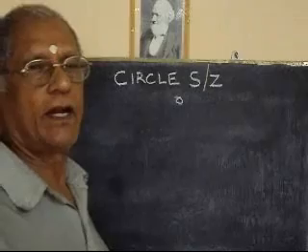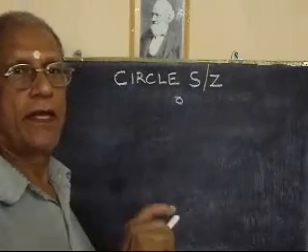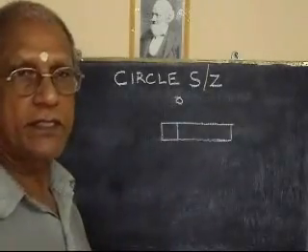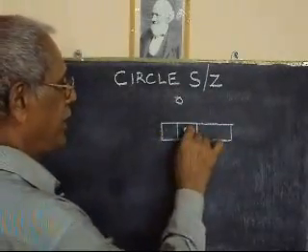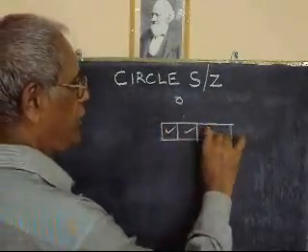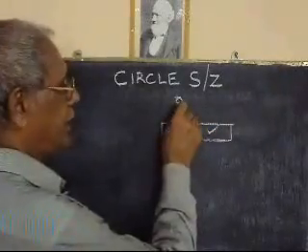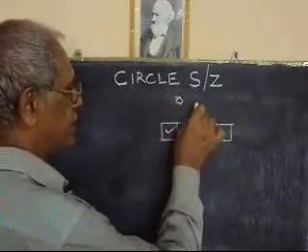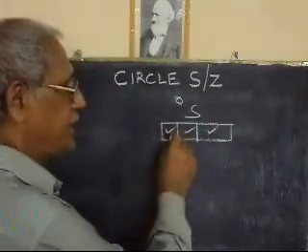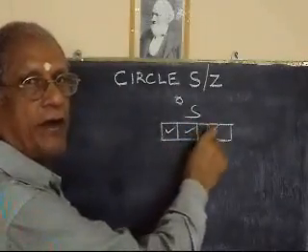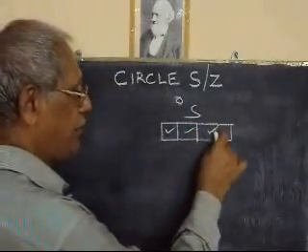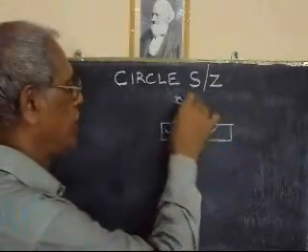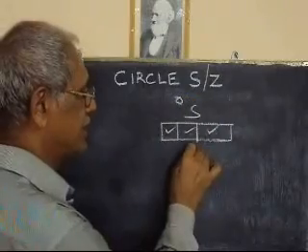A small circle represents S initially, medially and finally. Medially and finally, the small circle represents Z also.